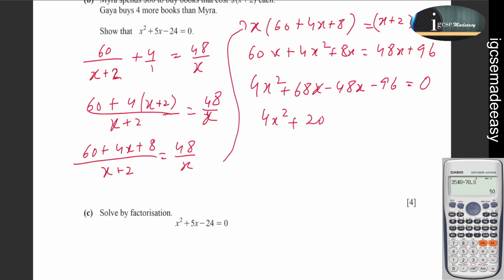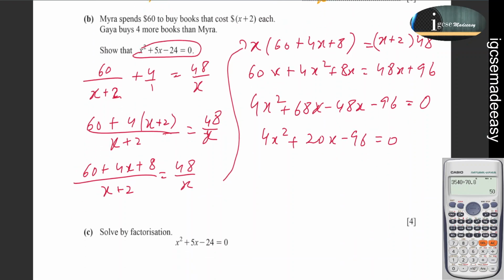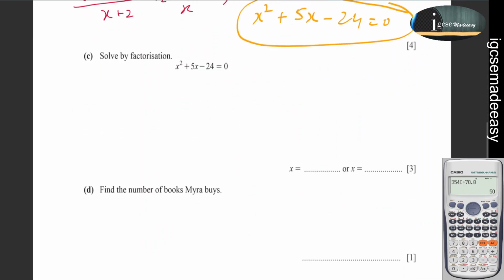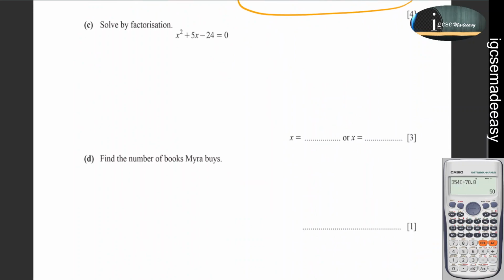So plus 20x minus 96 equals 0. Still we did not reach this equation, right? So I'll divide everything by 4 to reach this equation. If I divide this by 4, I'll get x squared plus 5x minus 24 equals 0. So this is how we can show it.